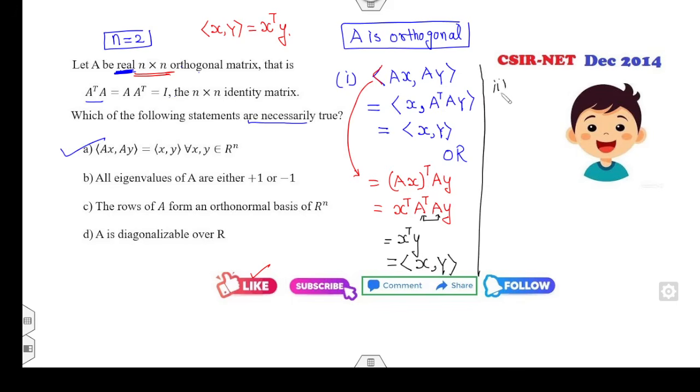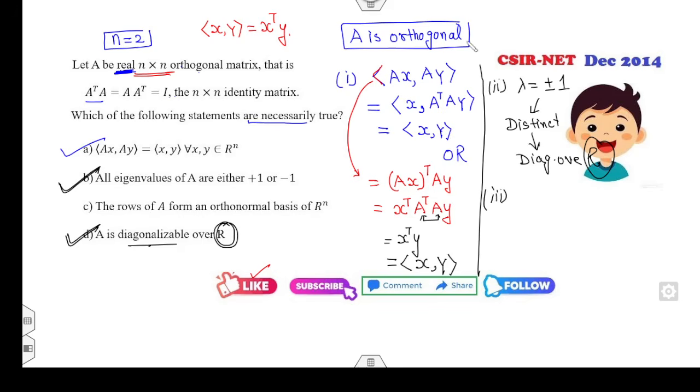Look at the second. Eigenvalues of A. We all know the eigenvalues of an orthogonal matrix are plus minus 1. A is diagonalizable because the eigenvalues are distinct. And once the eigenvalues are distinct, then yes, it is diagonalizable over R. Remember, only for R, not for the complex numbers.